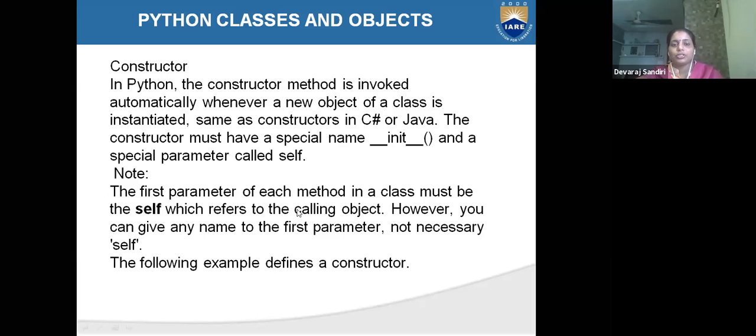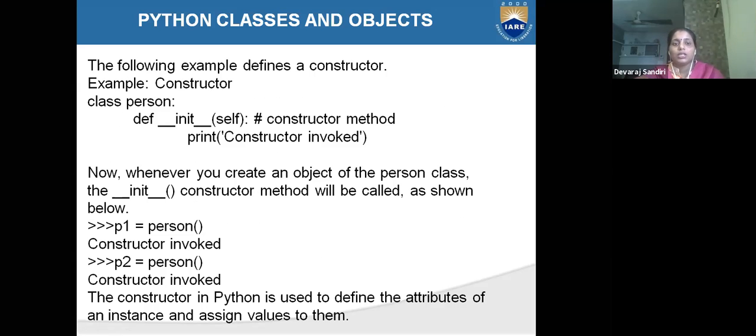One example of a constructor: class person, and def __init__(self) is the constructor method. We print "constructor invoked". Now whenever you create an object of the person class, the __init__ constructor method will be called.